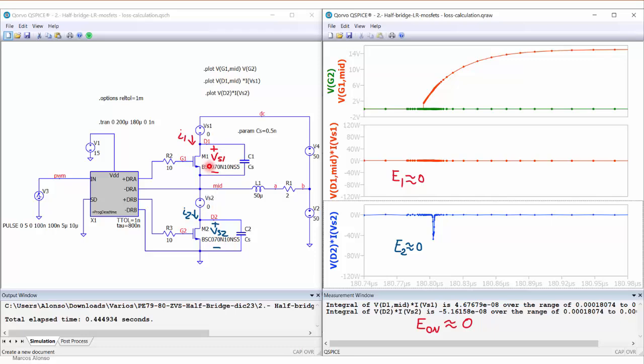The current, instead of going through the diode, goes through the channel of transistor M1, as we have seen. So as we can see, there is a small transient, but it is extremely short, and the energies are very small, so we can consider that the losses during this transient are almost zero.